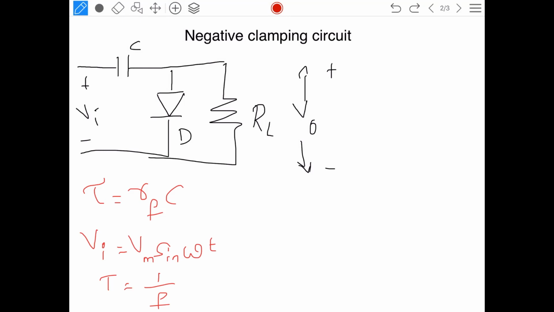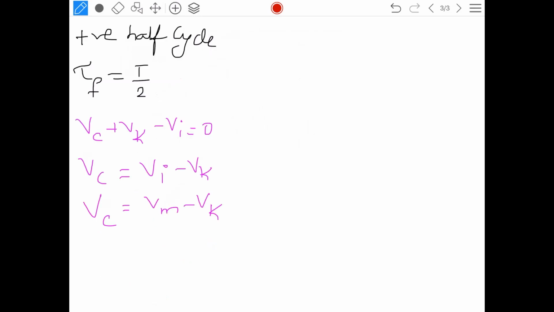Why? The path offered by the diode is high resistance. So, the capacitance discharges through the resistance, correct. So, it slowly discharges. The time period for discharge is again T by 2.